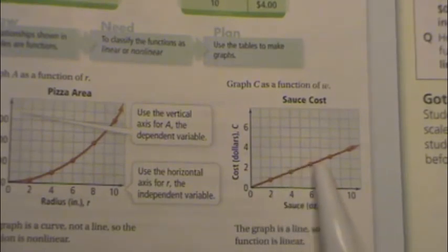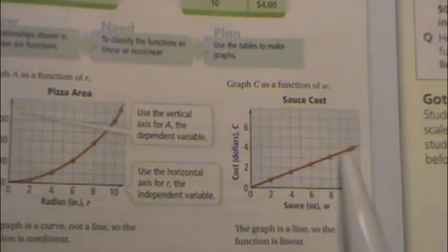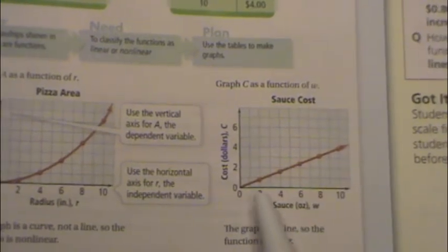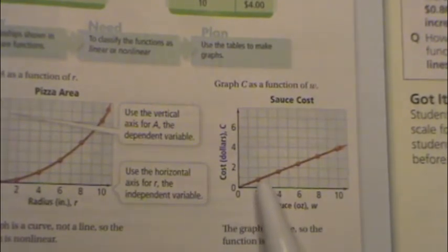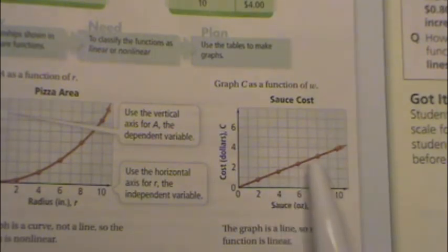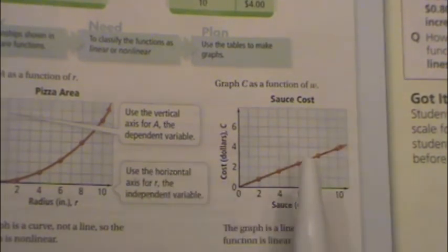And they plotted all the points, and you can see very clearly when x is 2, y is just under 1, it's 80 cents. When x is 4, y is $1.60, almost up to 2, and so on. This one is a straight line. This is a linear graph. All they want to know is, is it linear or nonlinear?